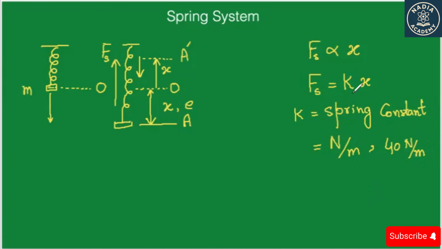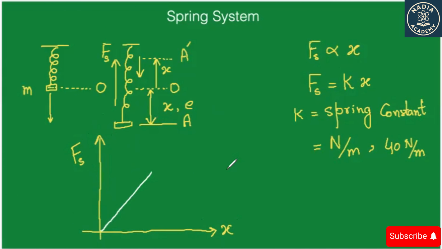Now here, we apply the force and we are getting the extension. So this formula can explain the function of our spring. Now let's try to plot this formula in the form of a graph, where along the x-axis we have extension x, and along the y-axis we have the spring force. Now, if you are increasing the value of x, the force of the spring will be increasing.